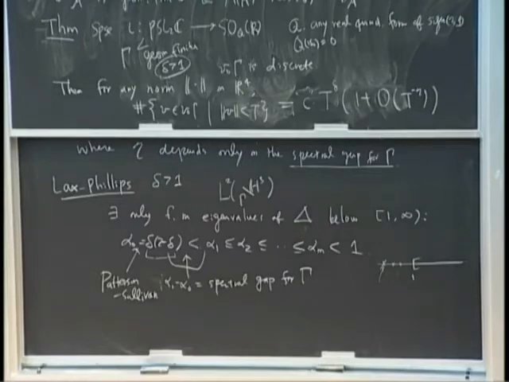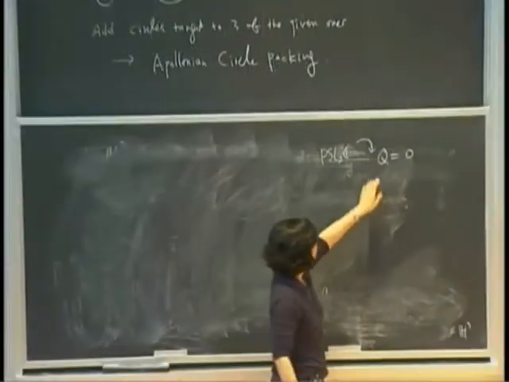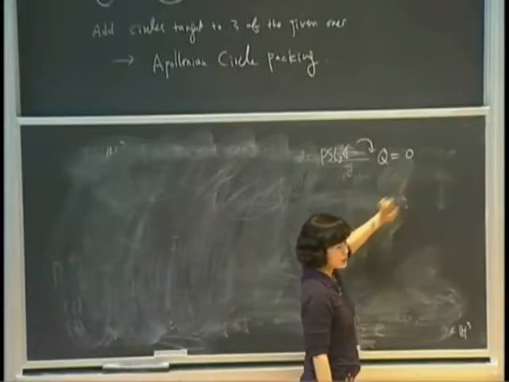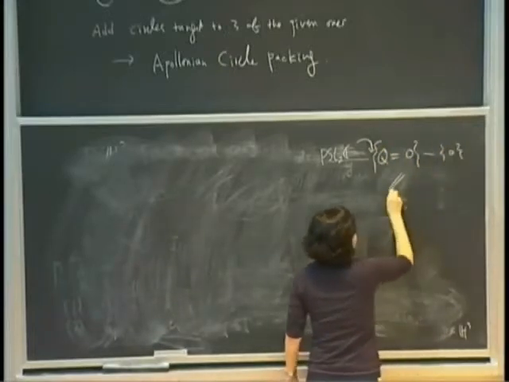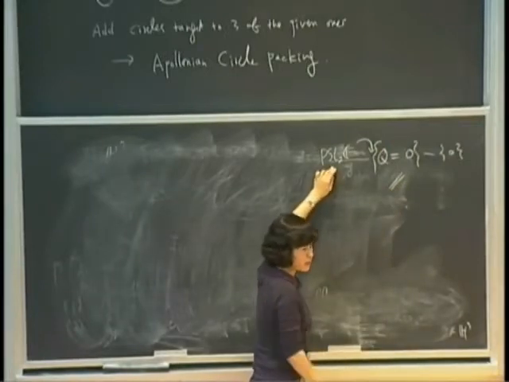We have this cone defined by Q equal to 0, and I have this action of PSL2C on this cone. This action of PSL2C is transitive except for the origin. So this space, the cone minus the origin, can be identified with a quotient space of PSL2C.